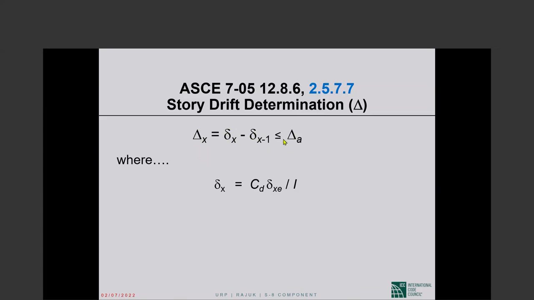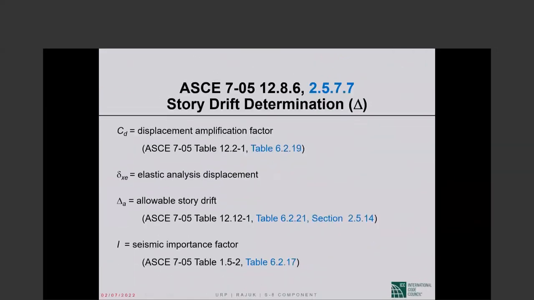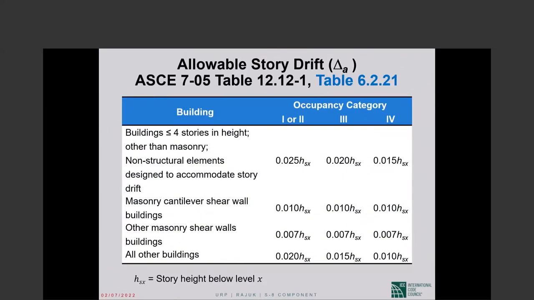That has to be less than or equal to the allowable story drift delta sub a. The delta sub a, the notation you know, is given in table 12.12.1 of ASCE 7, table 6.2.21 in BNBC 2020.